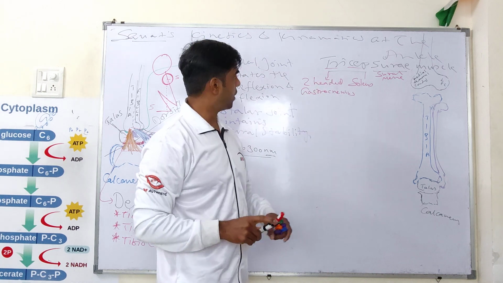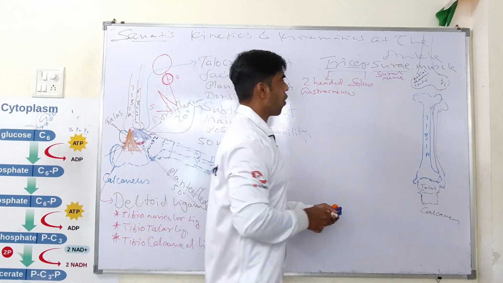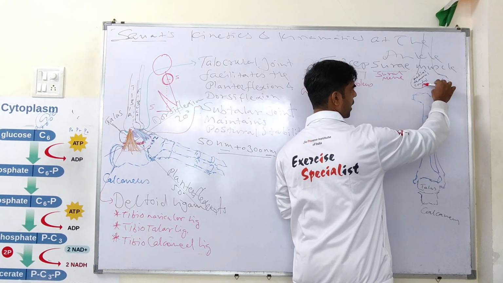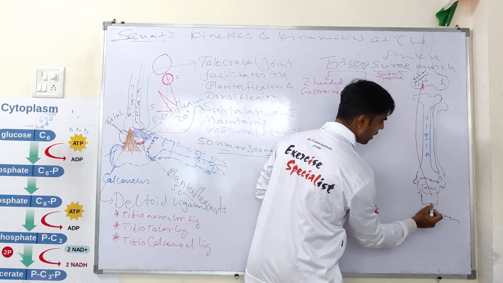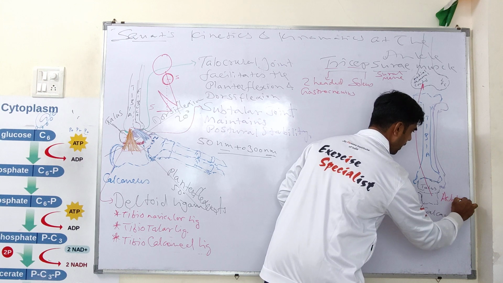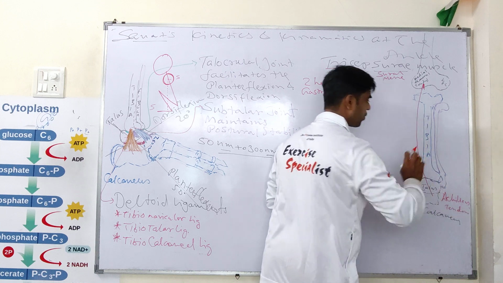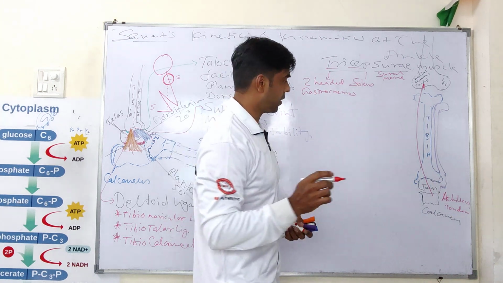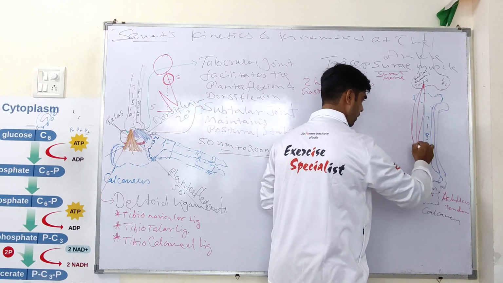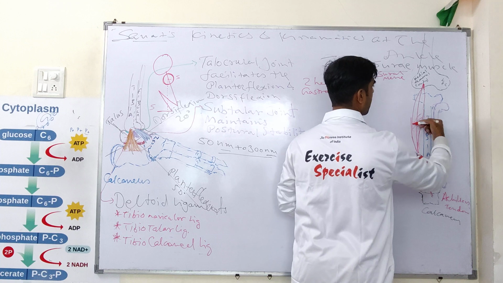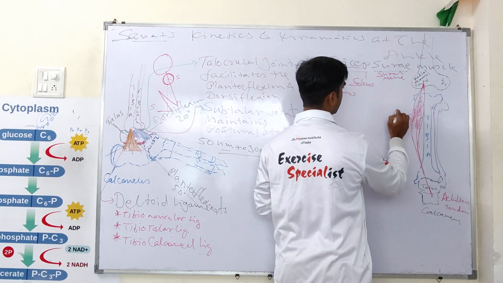The triceps surae muscle has a two-headed gastrocnemius, which originates posteriorly from this condyle and attaches onto the Achilles tendon, onto the calcaneus. This forms the medial head.